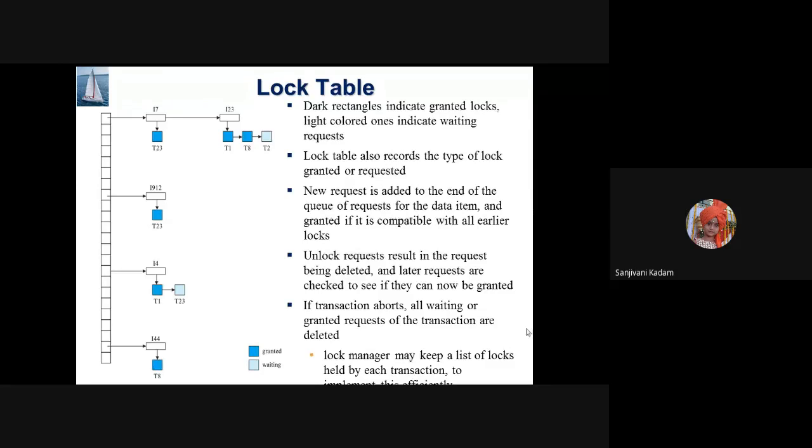That is, if a transaction aborts, all waiting or granted requests of the transaction are deleted. Next, the lock manager may keep a list of locks held by each transaction to implement this efficiently. So this will keep track of which transaction has requested which lock, etc. Read this slide for a minute.